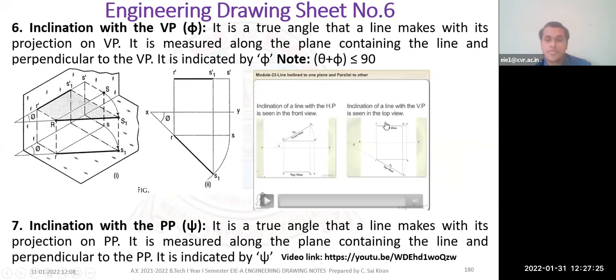And whenever there is an inclination with the VP, then the top view is the true length and the front view is a lesser length compared to the true length. Any doubts, you can unmute and ask. This is the important topic. If you don't understand this topic, you won't understand the other topics of engineering drawing.